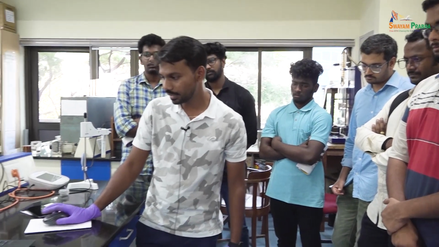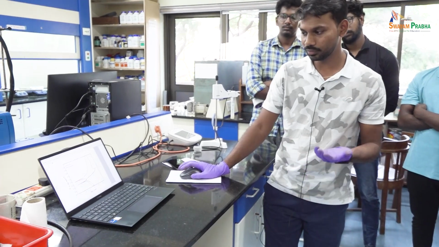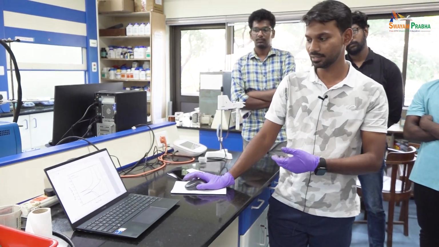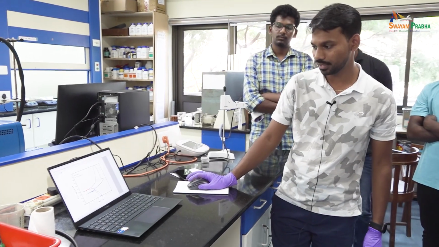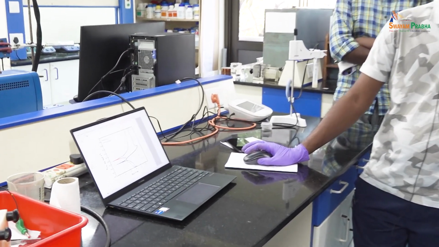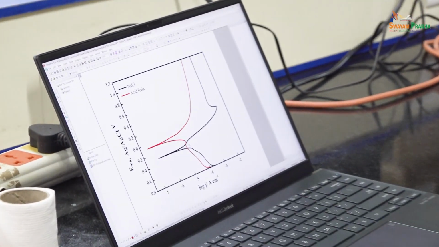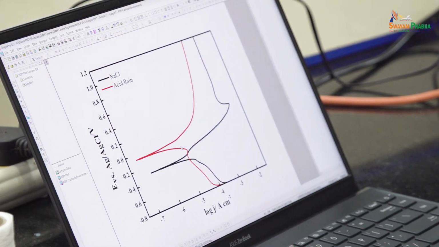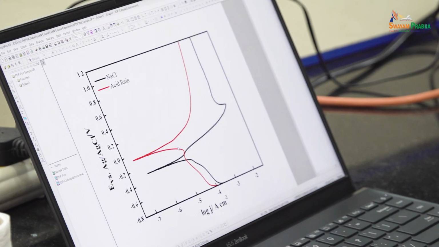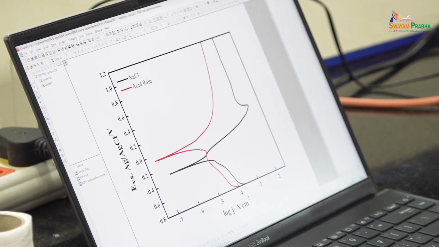Here you can clearly see that in the NaCl solution, we will draw the tangents and determine E-corr and I-corr. The performance of the bronze sample in NaCl solution is inferior, which means it is corroding faster, whereas in acid rain it is slower. It may depend on the composition of the sample we are using and the acid rain solution.